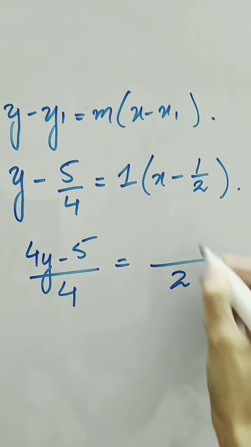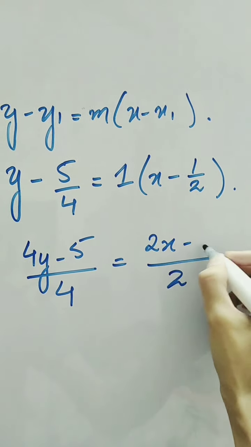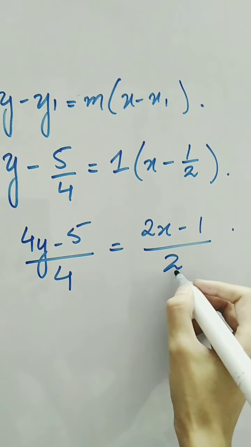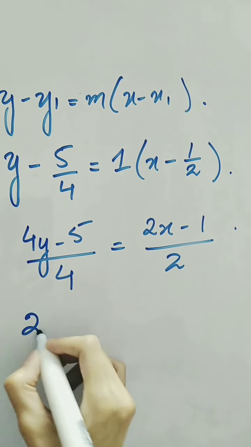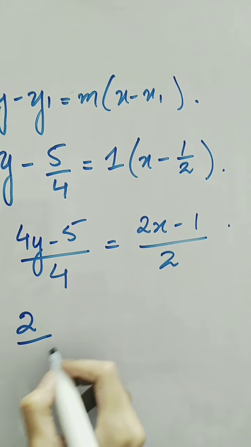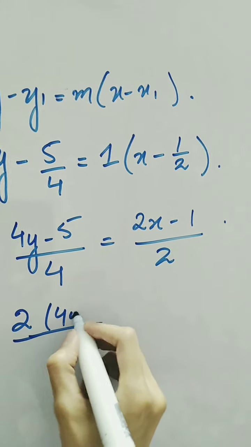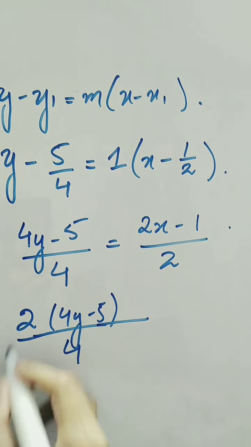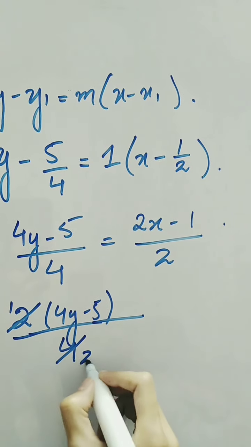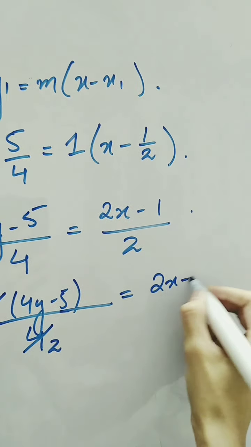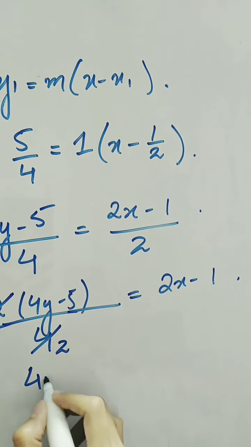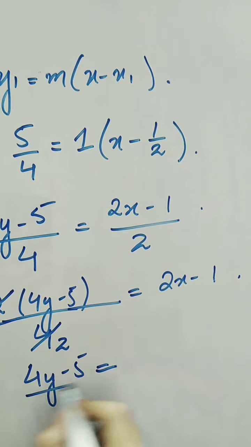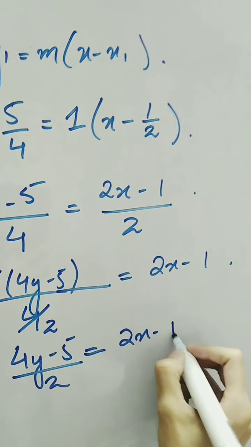So we are going to take the LCM, which comes out as 2x minus 1. Now this 2 is in the denominator here. It goes to the numerator and multiplies with the expression 4y minus 5 and is divided by 4. So first we divide it, and now we have 4y minus 5 equals 2x minus 1 over 2.